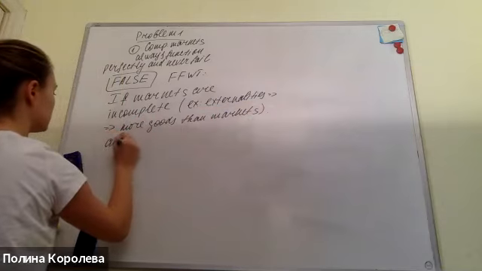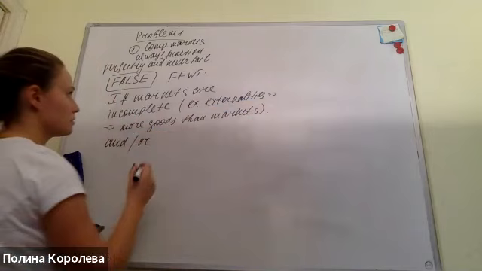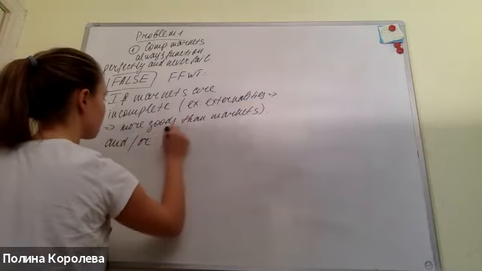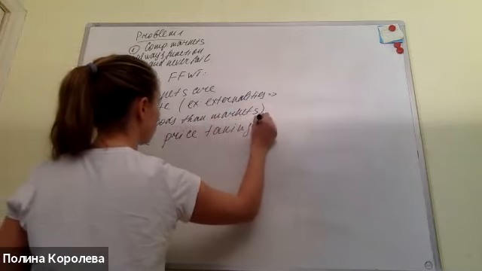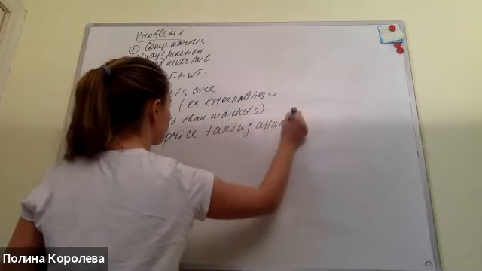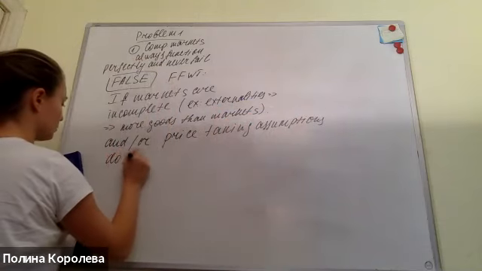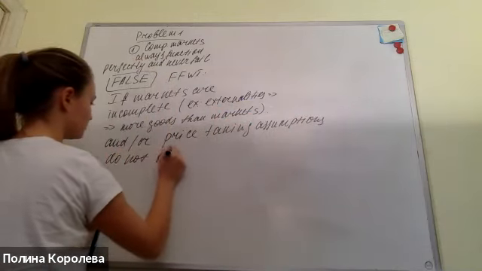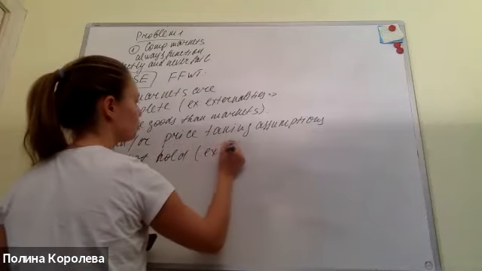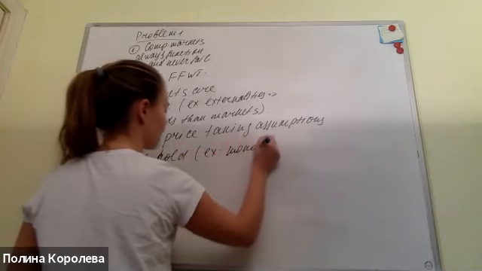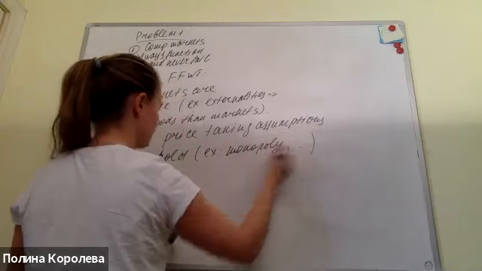Or the price taking assumptions do not hold. This is when, for example, we have monopoly or oligopoly, something like this.